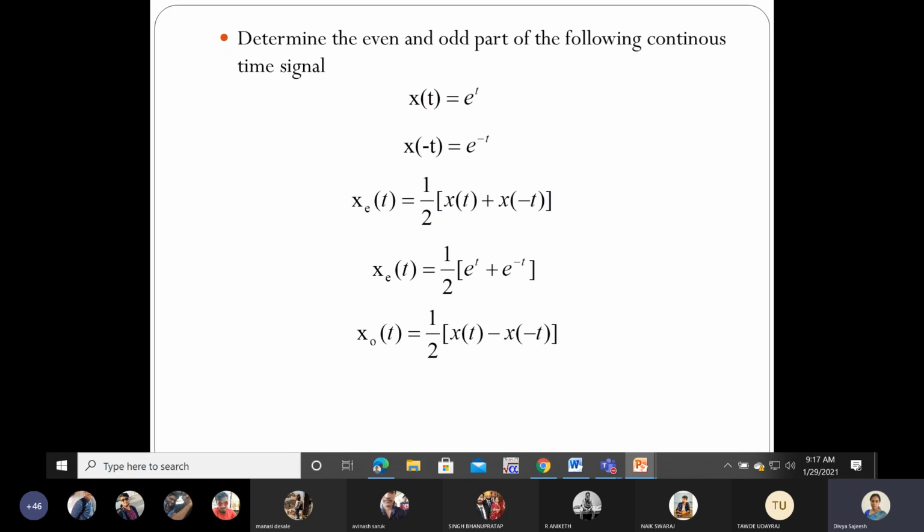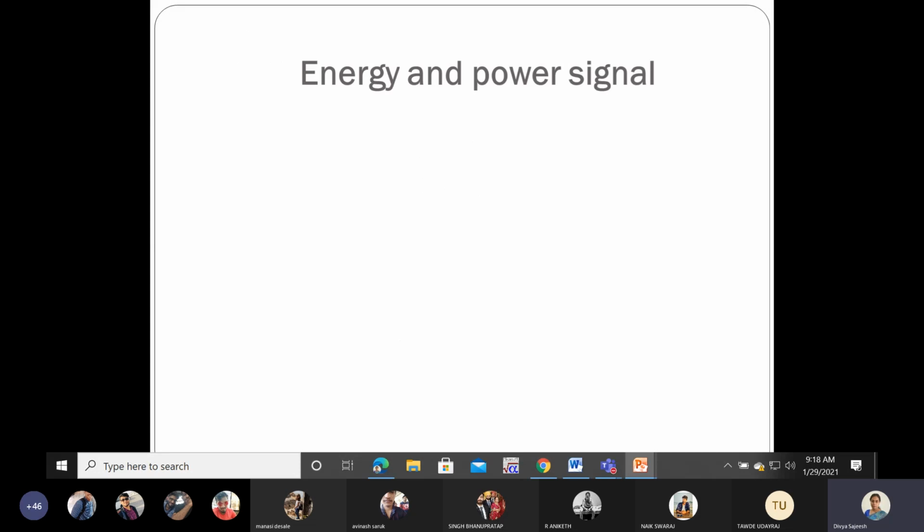Similarly, for the odd part, applying the formula, I obtained half of e raised to t minus e raised to minus t. So e raised to t is also neither even nor odd, so I can segregate it into two sections. I hope all of you understood how to check the condition for even and odd, and how to segregate the signal into two parts if it is neither odd nor even.